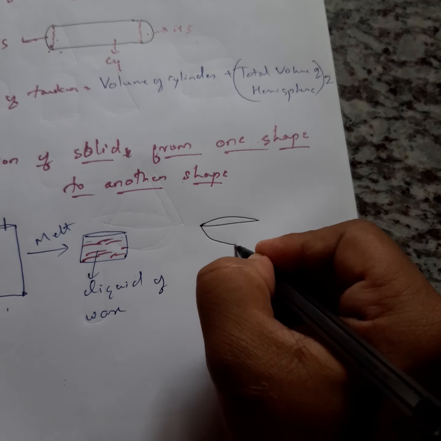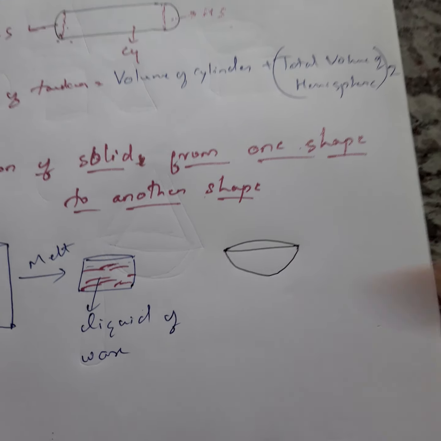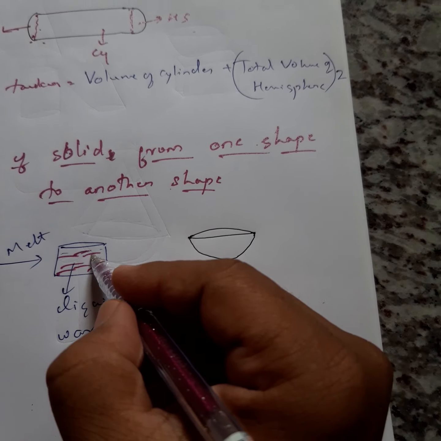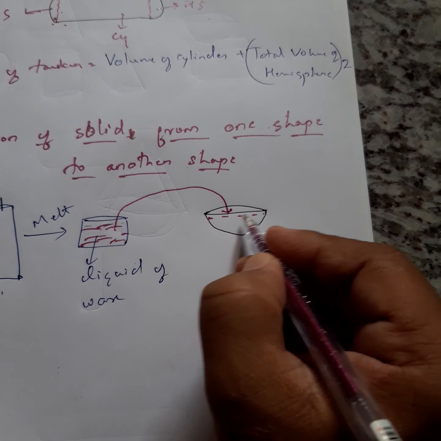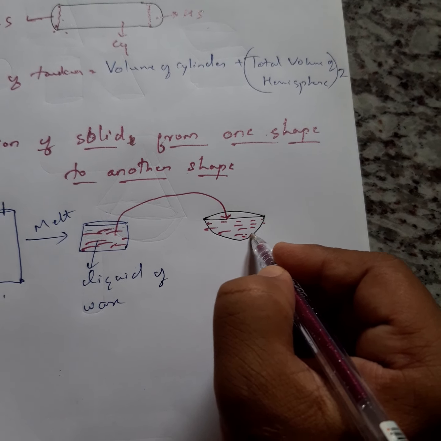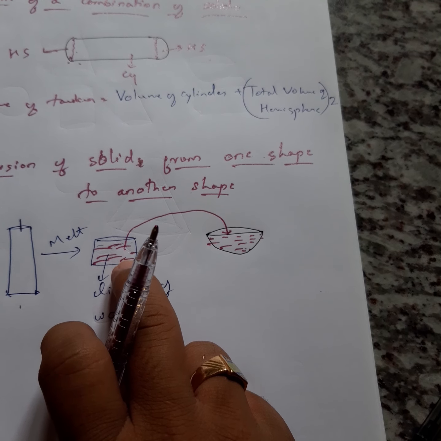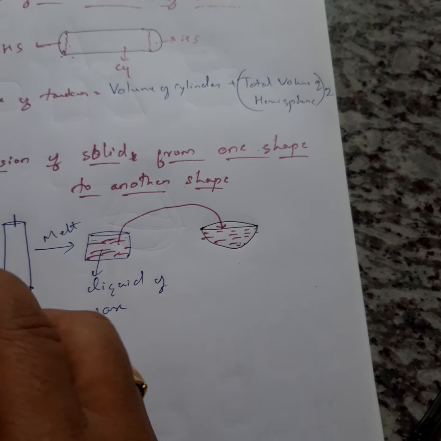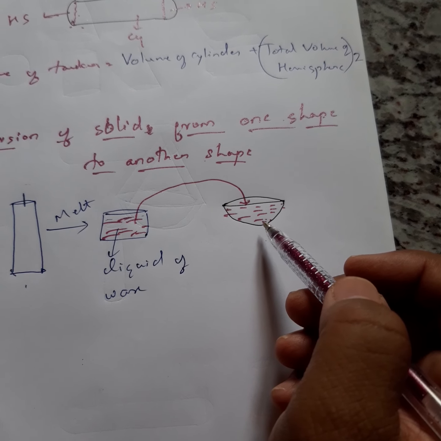I will take all this liquid and pour it in this diya. When I pour the complete liquid into this diya, the candle which was in the cylindrical shape has now been converted into a hemisphere.